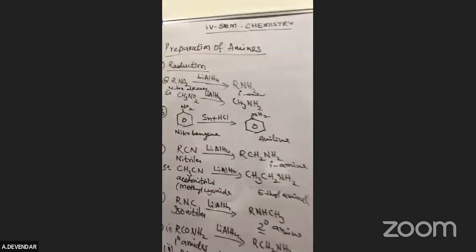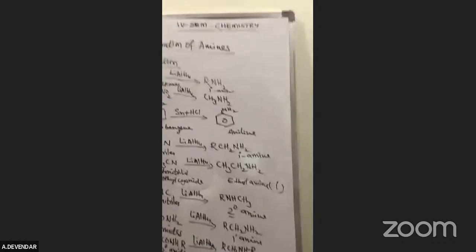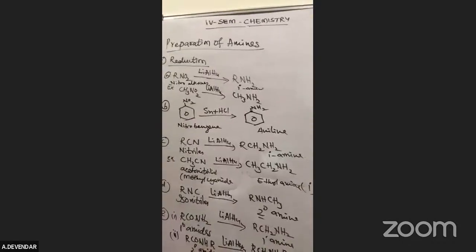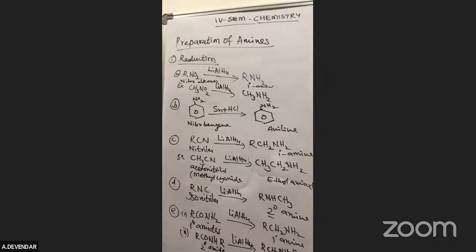For the secondary amide, lithium aluminium hydride reduction gives RCH2NHR, which is nothing but a secondary amine.